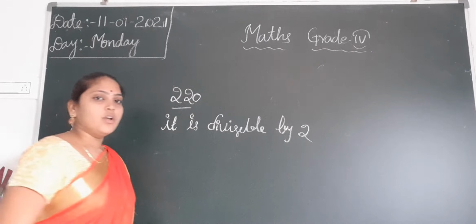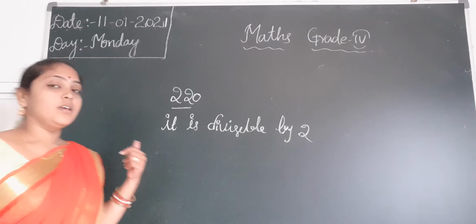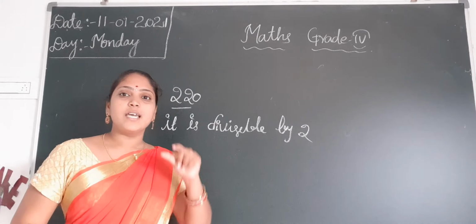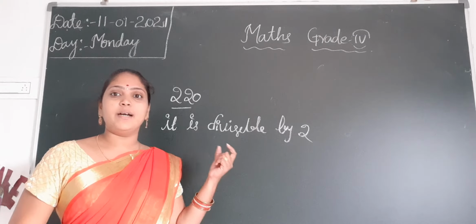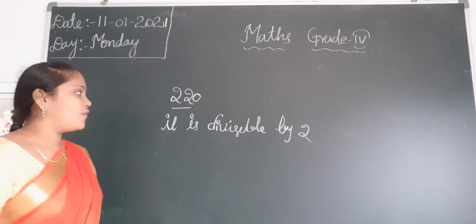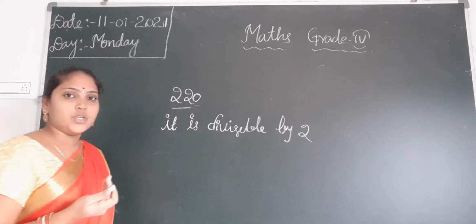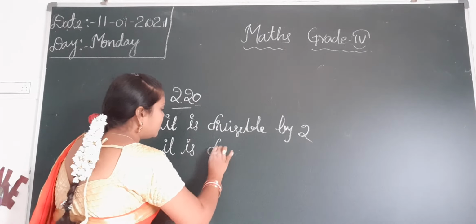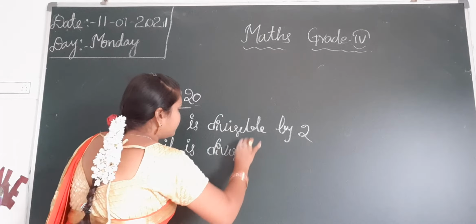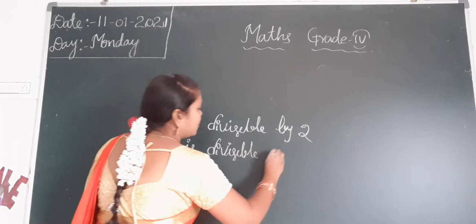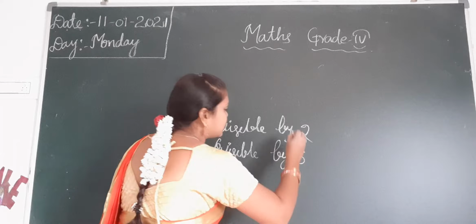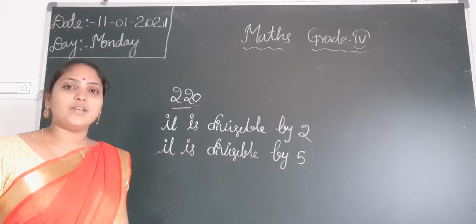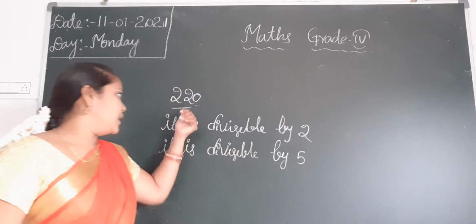Next, what is the divisibility rule of 5? The last digit, the number, is ending with 0 or 5. It is ending with 0, which means it is divisible by 5. Next, what is the divisibility rule of 10, children? The number is ending with 0.